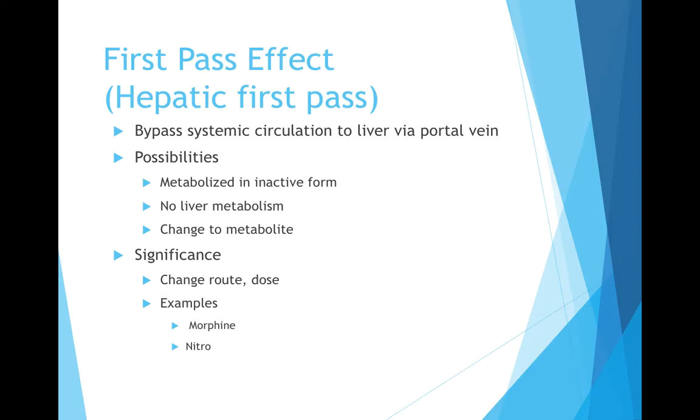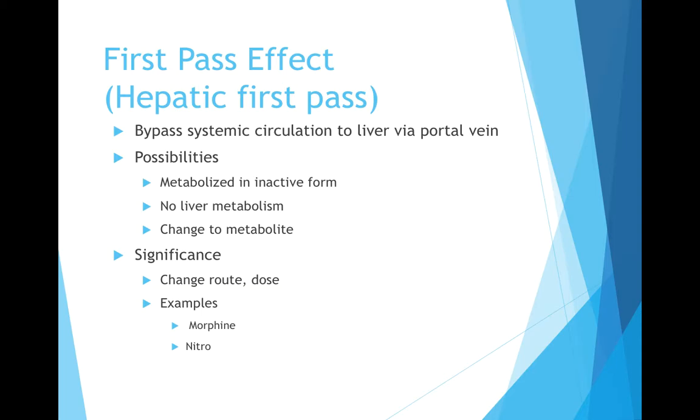The next important concept that we want you to understand is something that is called the first pass effect, and it's mentioned in your book on page 17. This first pass effect is an effect that the medications can go through when we absorb oral drugs in the GI tract.